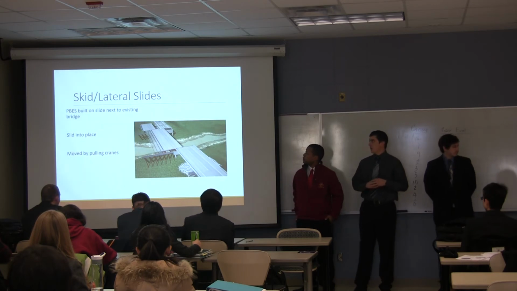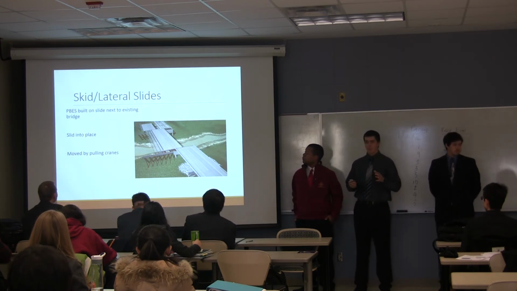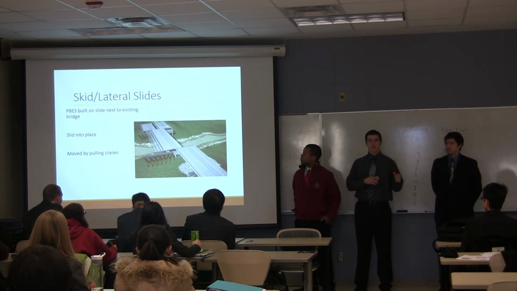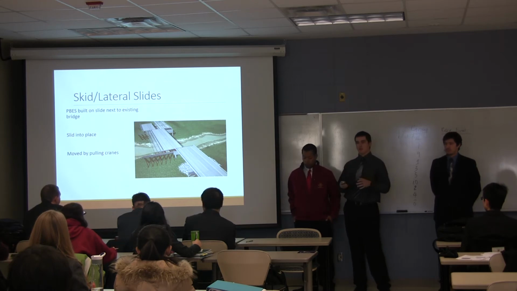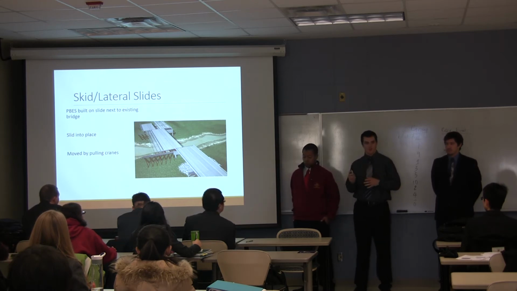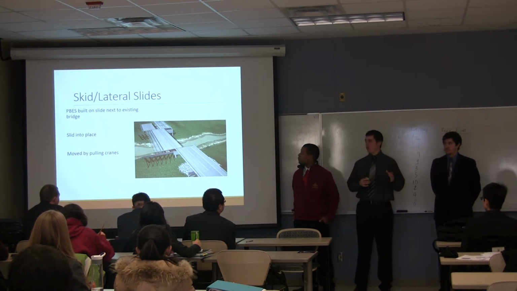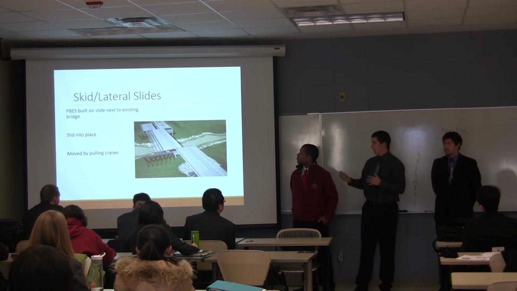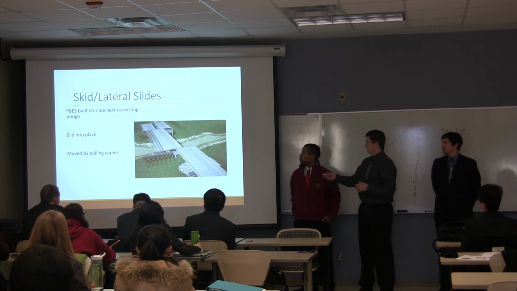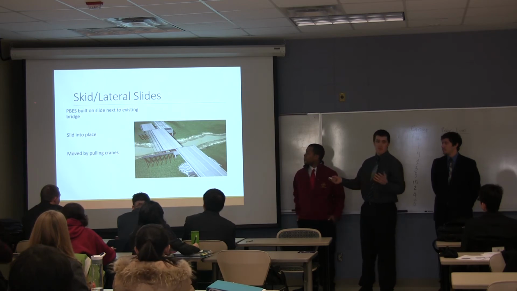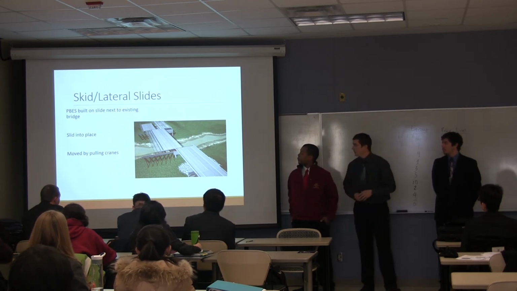Skid and lateral slides are used for bridges that are built right next to the existing bridge, so they can keep the existing bridge open while they're building the new one, and then just slide it into place once they remove the existing bridge. That's basically what that video was showing: how they built this, slid the old one out, and then slid the new one in, and reduced a lot of time.